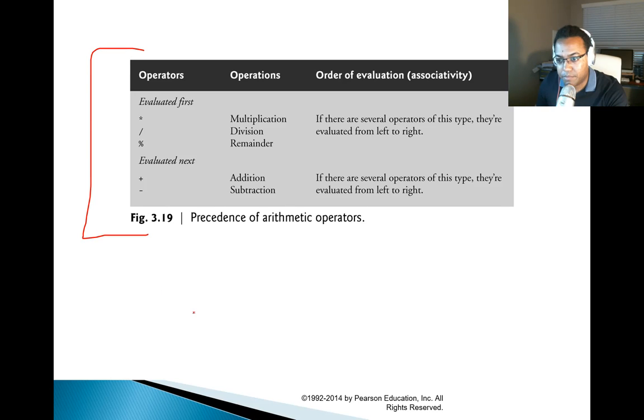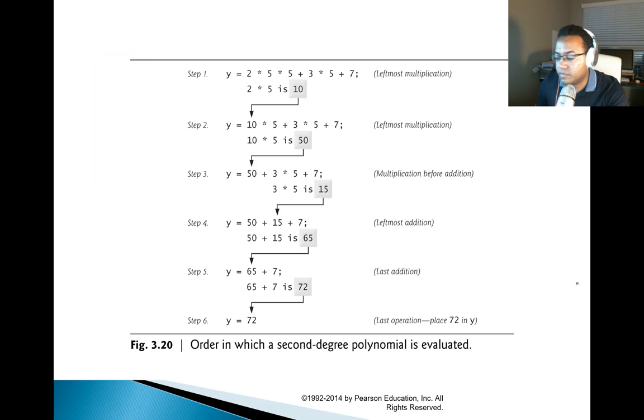And here we go. PEMDAS. Modulus is a form of division, so obviously it's going to be done before addition and subtraction. So, the order in which the second degree polynomial is evaluated.